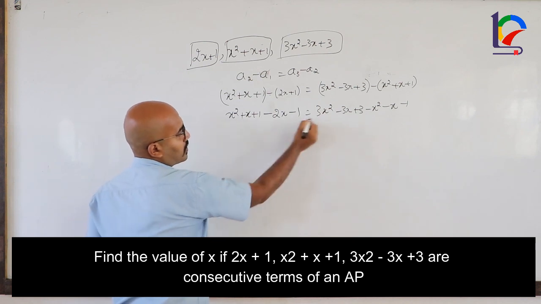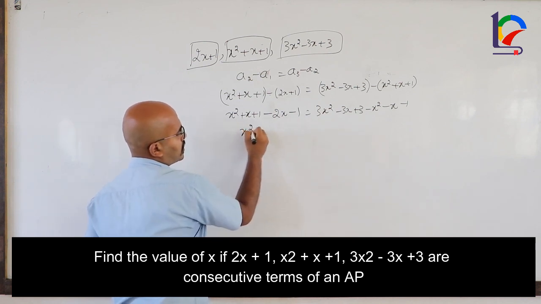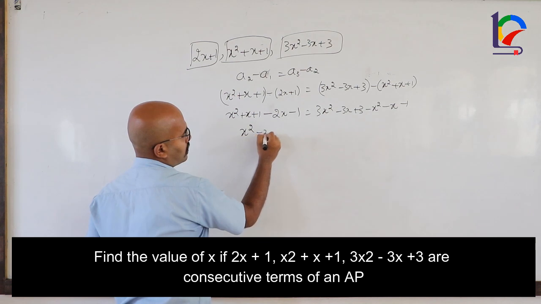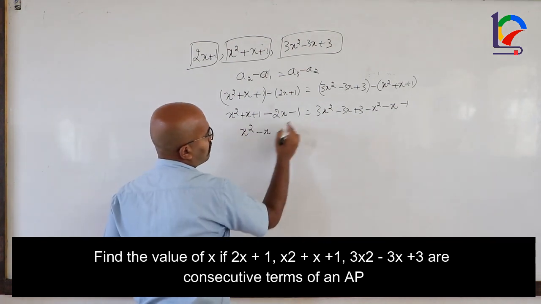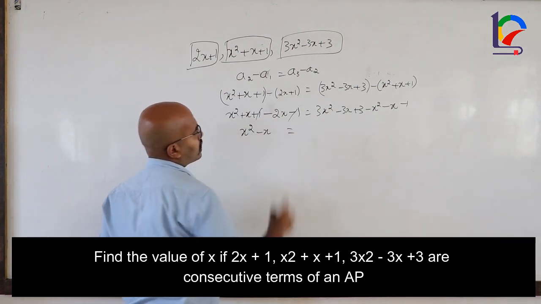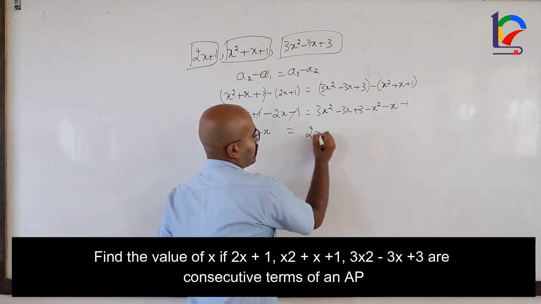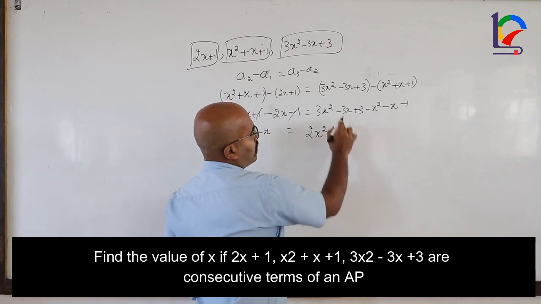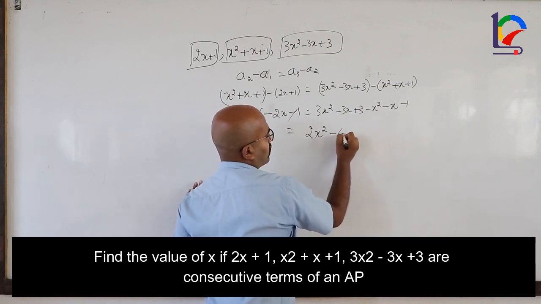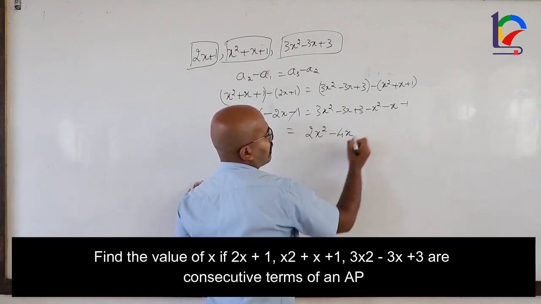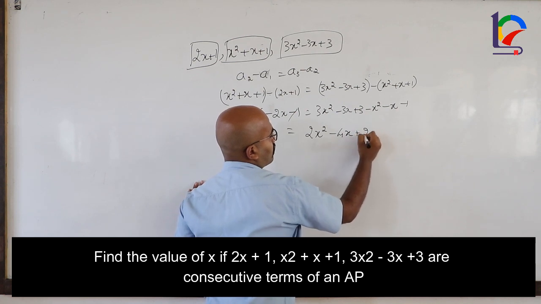So there is no x square, so x square plus x minus 2x minus x plus 1 minus 1 cancel. So 3x square minus x square, 2x square minus 3x minus x minus 4x plus 3 minus 1 plus 2.